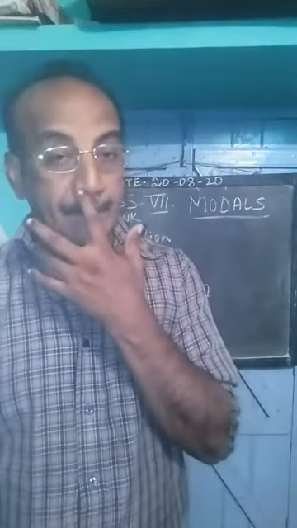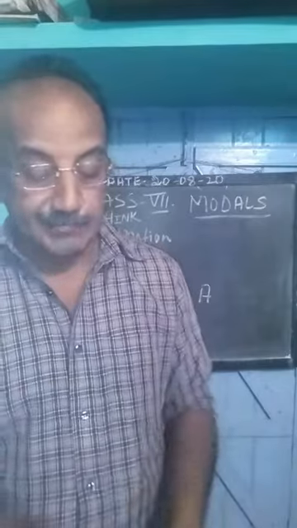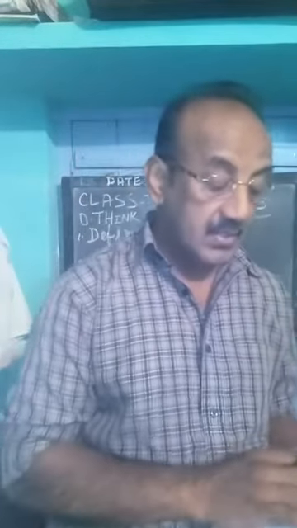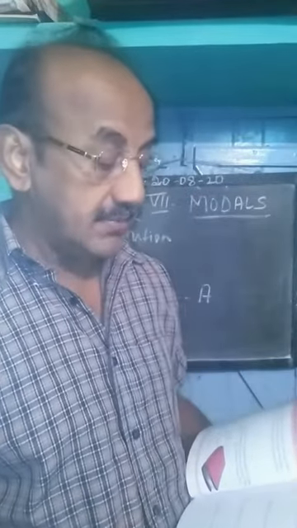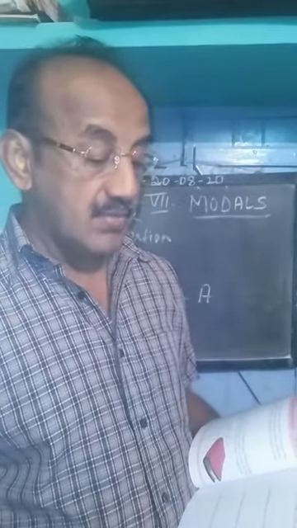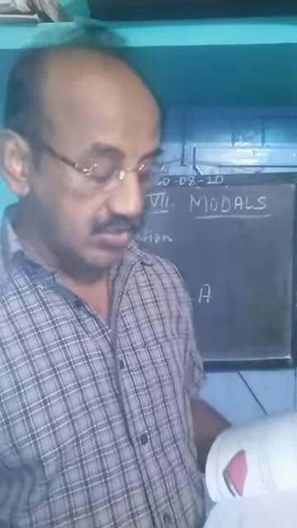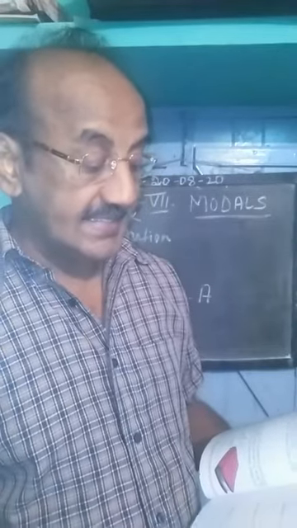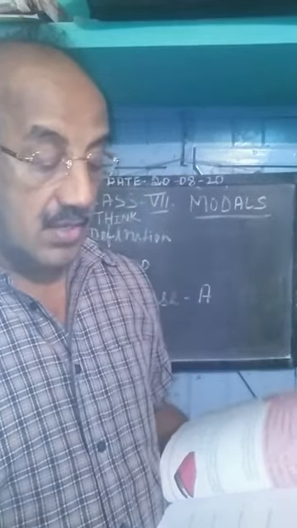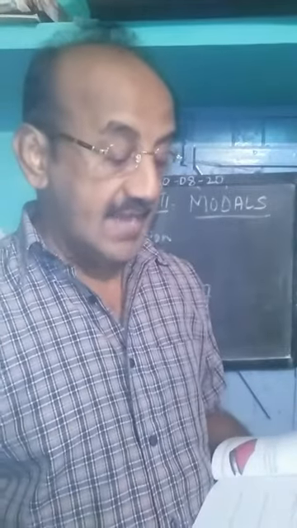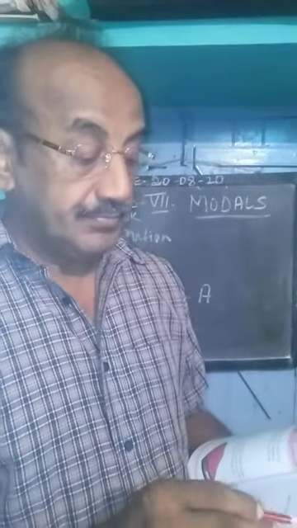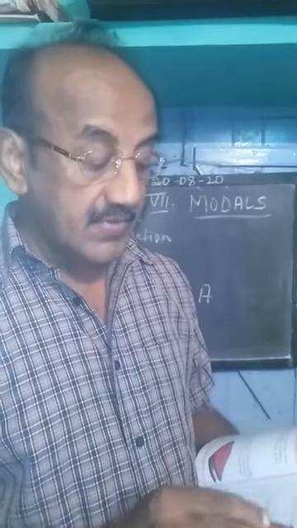Now we'll go to exercise A. That formal, informal is expressed in that box on top. Now we have to give the answer, whether they are formal or informal, by writing the sentence given there.